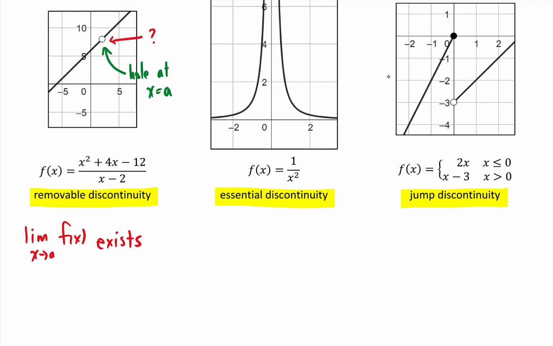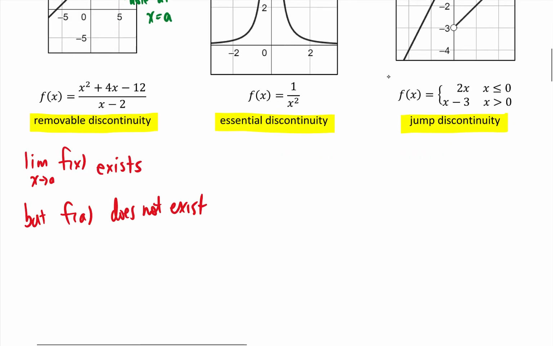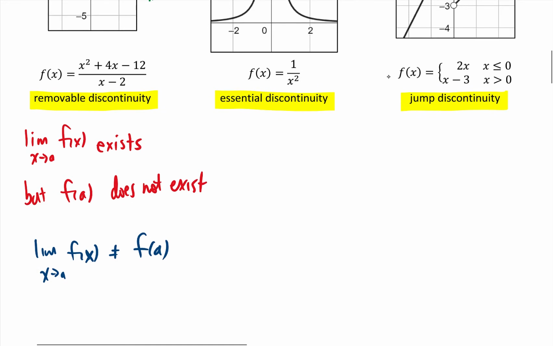However, f at a does not exist. So this one passes condition 1 but fails condition 2. The limit as x approaches a of f of x does not equal f at a. So therefore this function is discontinuous at x equals a.